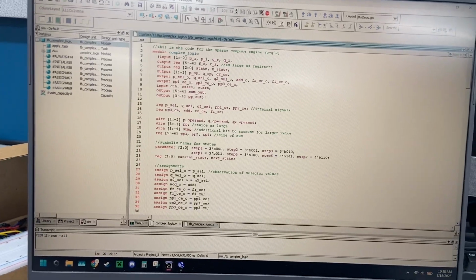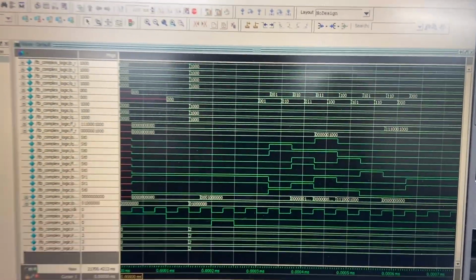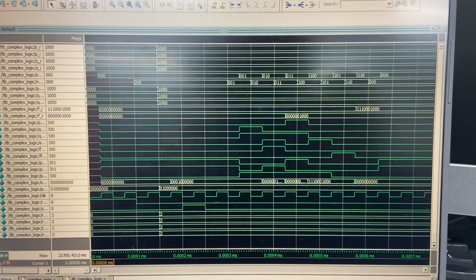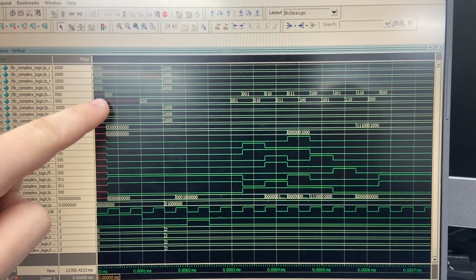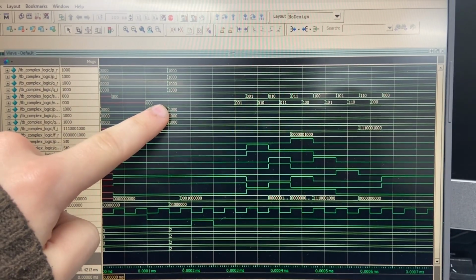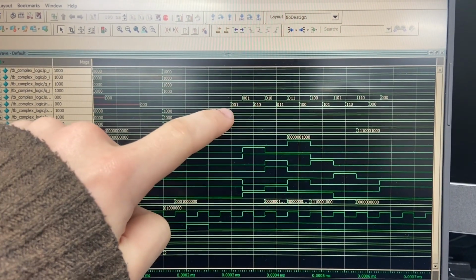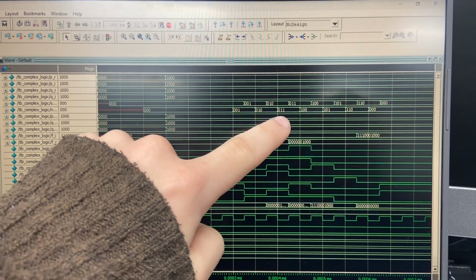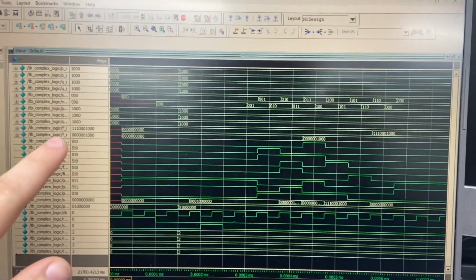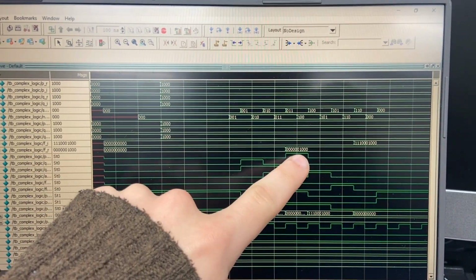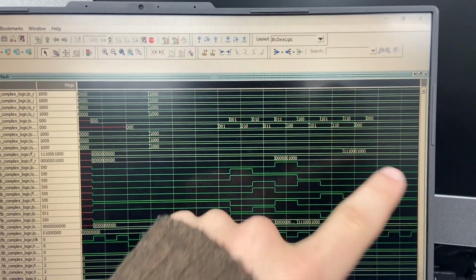Here we have a wave where this is going to look a little crazy, but we basically have the state that we're in, the next state logic. So this is the state we're in, the next state, the state we're in, the next state, and so on and so forth. Here are the outputs. So as you can see, it updates here. This is our real output, and this is our imaginary output.